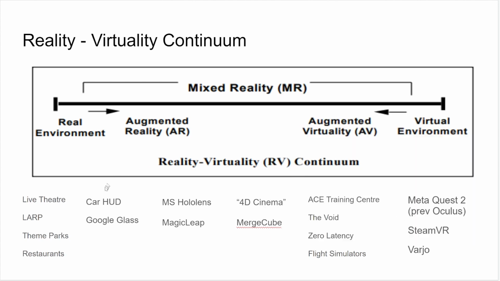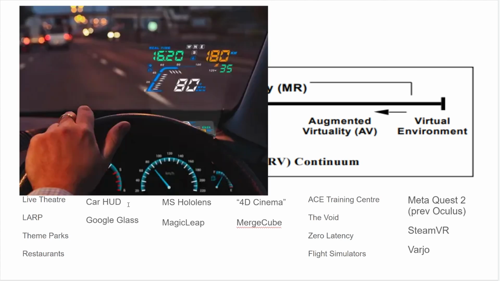And then when we get to this side, where it's still a lot to do with reality, but it'll have some augmentation, for example, heads-up displays in your car. If you've recently bought a new car, you might have noticed that the windscreen has some displays to help you navigate the environment a little bit better.